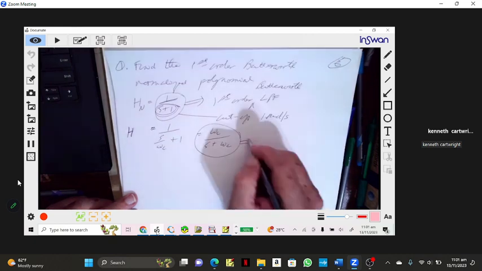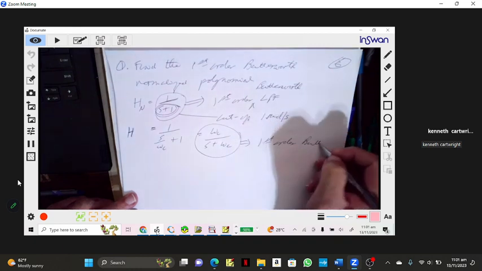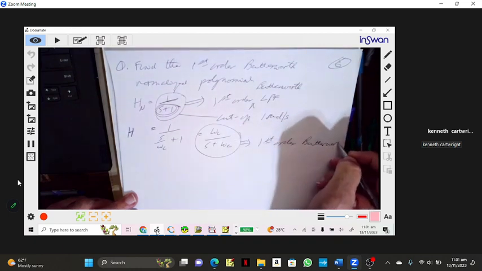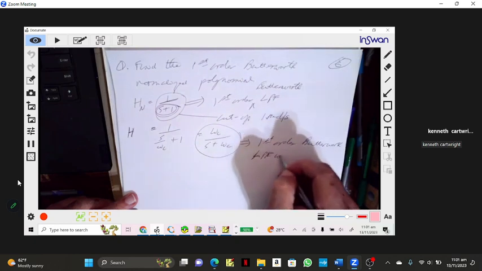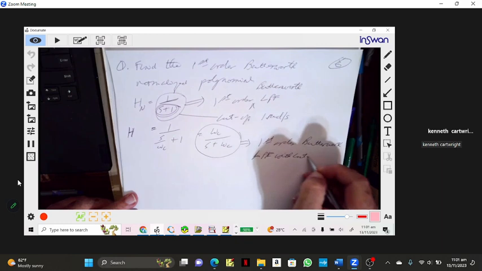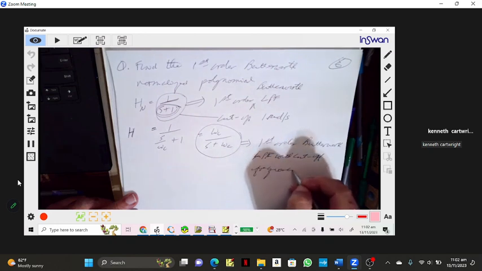So this here is the first order Butterworth low pass filter with cutoff frequency equals omega C.